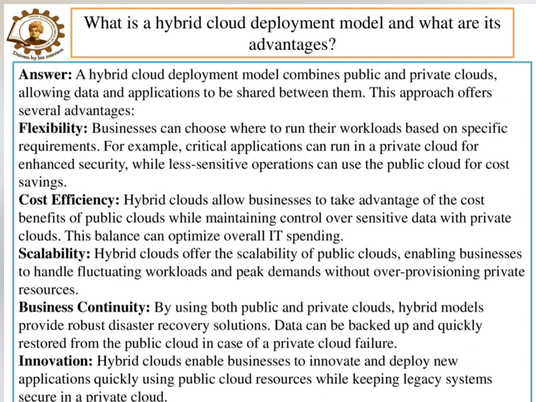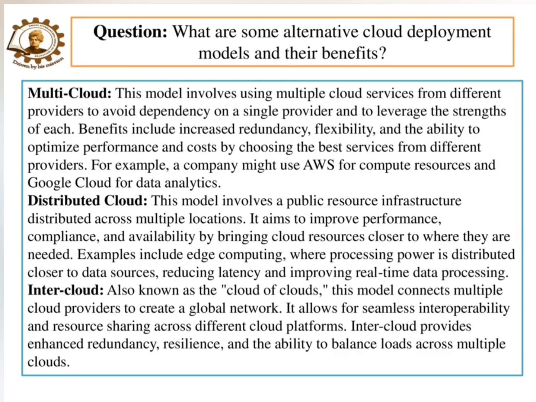The last but not the least is multi-cloud. A multi-cloud strategy involves using multiple public clouds from different providers. This allows organizations to leverage the best features and services from each provider, avoiding vendor lock-in and potentially achieving better pricing.